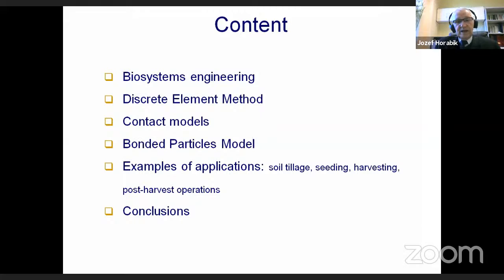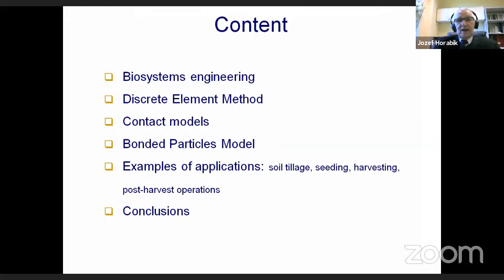To perform correct calculation, the contact model of interaction between particles and the working tool is very important, and it's very helpful to calculate this interaction separately in the normal direction, tangent direction, and in the rolling direction.